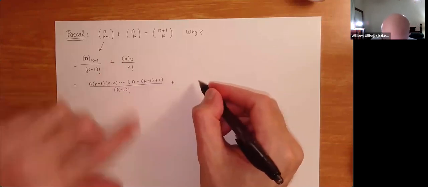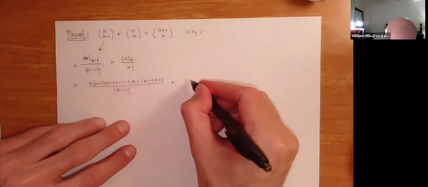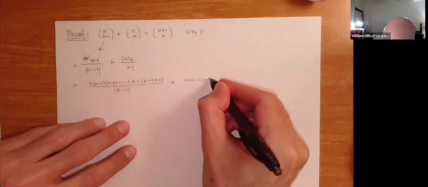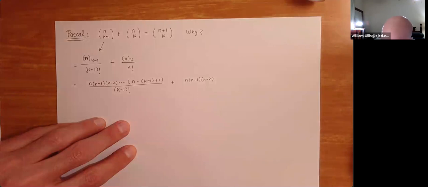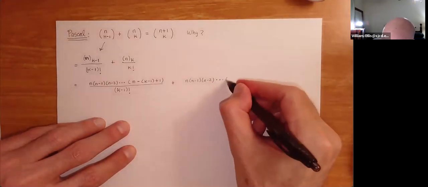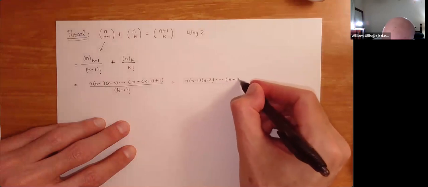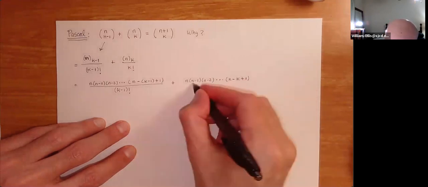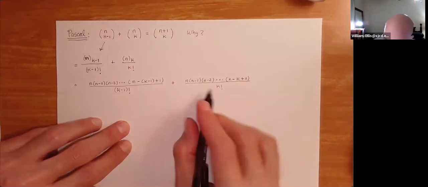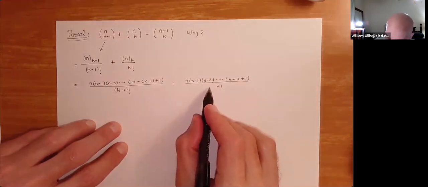And here we'll do the same. This will be n, n minus 1, n minus 2. Just put down enough factors so you know what the pattern is, down to n minus k plus 1, and then k factorial. That's the definition I gave you at first.